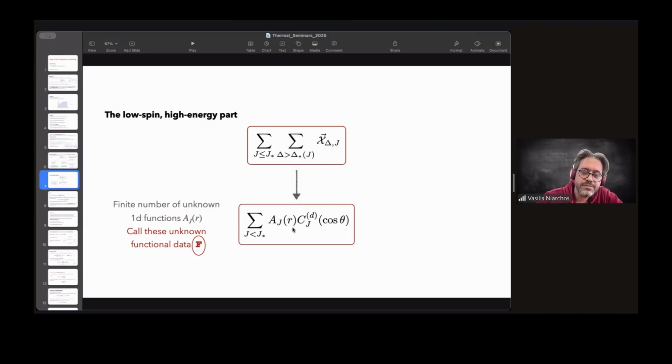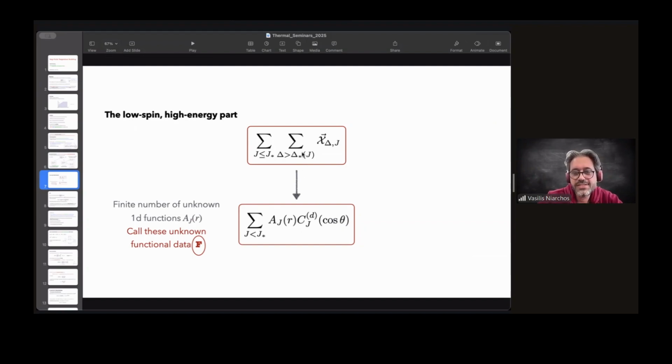In terms of space-time coordinates, it can be written as a function that depends on a radial coordinate and a function that depends on an angular coordinate. Here are Gegenbauer polynomials. So there is a way to write this as a sum of factorized terms with unknown functions. These unknown functions are a power series that involve an infinite number of unknown scaling dimensions. The rest, which is independent of R, captures the angular dependence of this contribution to the correlation function.